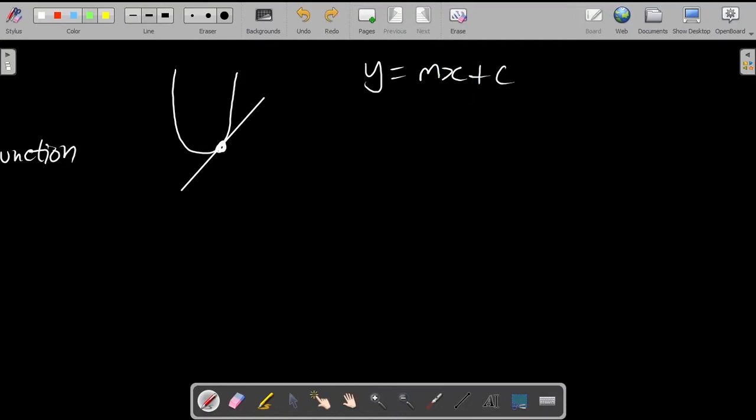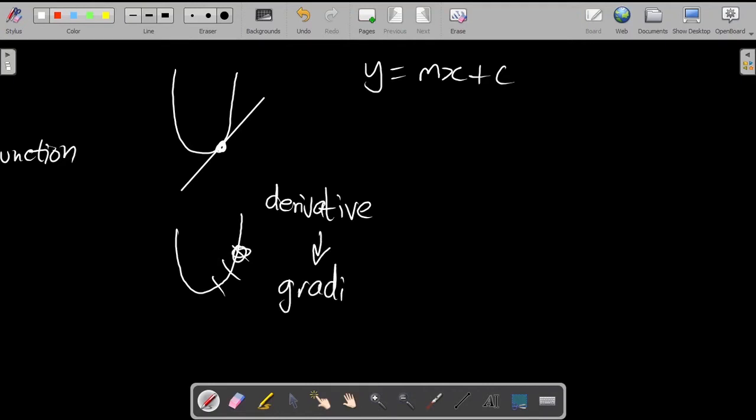Okay, so we know that much. But let's say we have a graph, and going back to what we've been talking about in the previous video, the derivative of this graph at any point, or at a specific point. So if you find the derivative of a graph at a specific point, it is basically the gradient at that point.